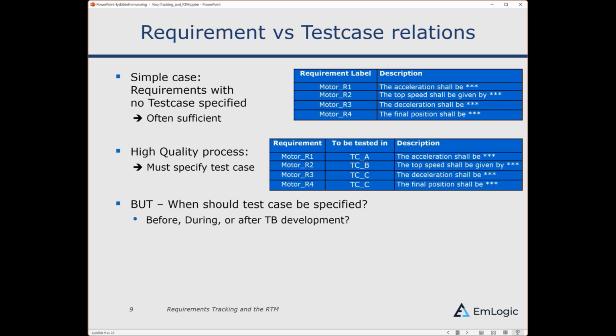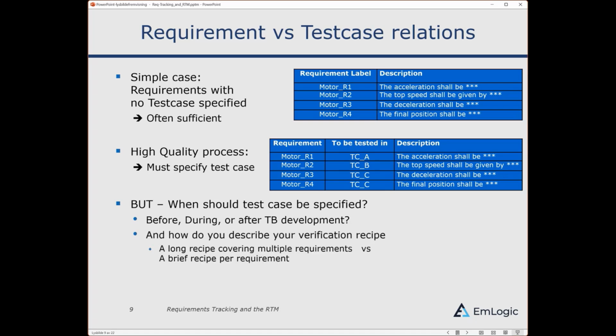And of course, if you could do it after the test bench development, then you might even have the answer to where these requirements are actually tested. Or you could do something in between, where you start by making your test benches, and then you find out where it makes sense to test these different requirements, and then you make your plans, requirements, and where they should be tested, and you stick to that.